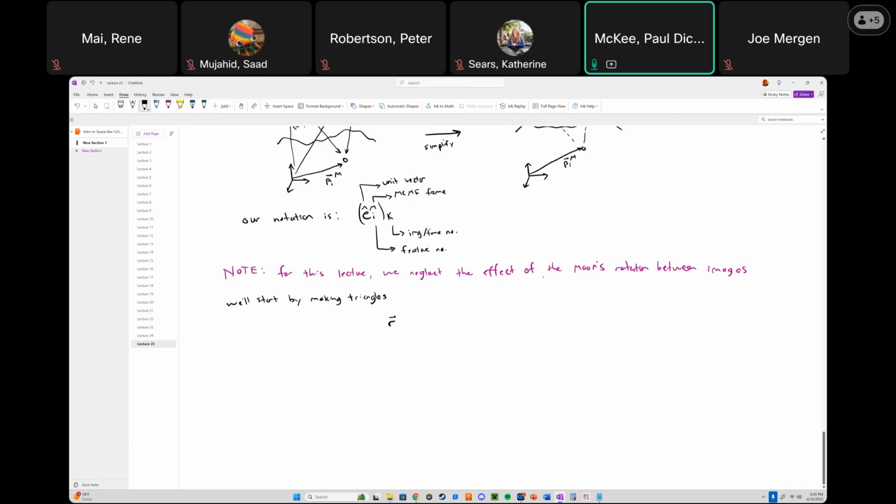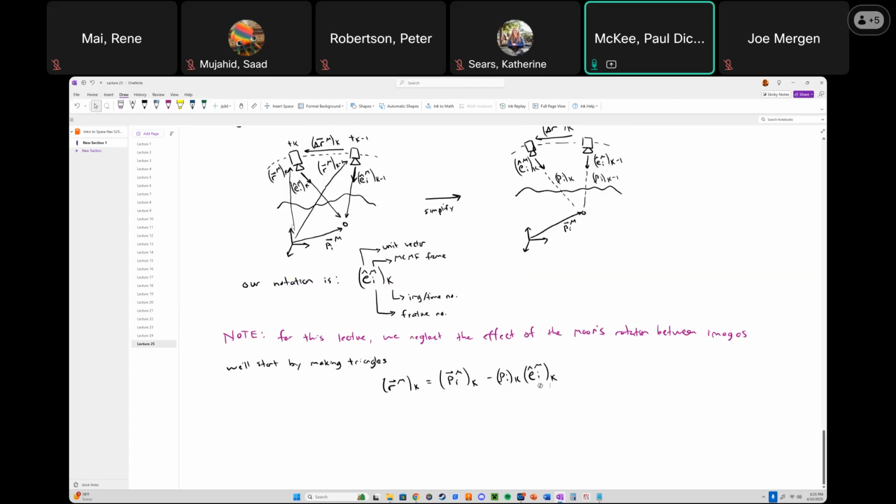Where we'll say this, R_m at time k is what? It's going to be P_i^m at time k minus rho_i at time k E_i^m at time k. So all we're doing is completing this triangle, right?